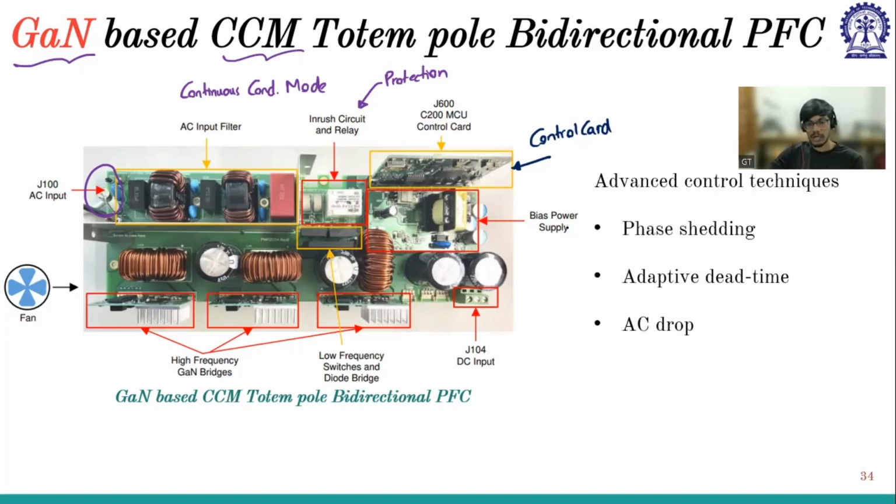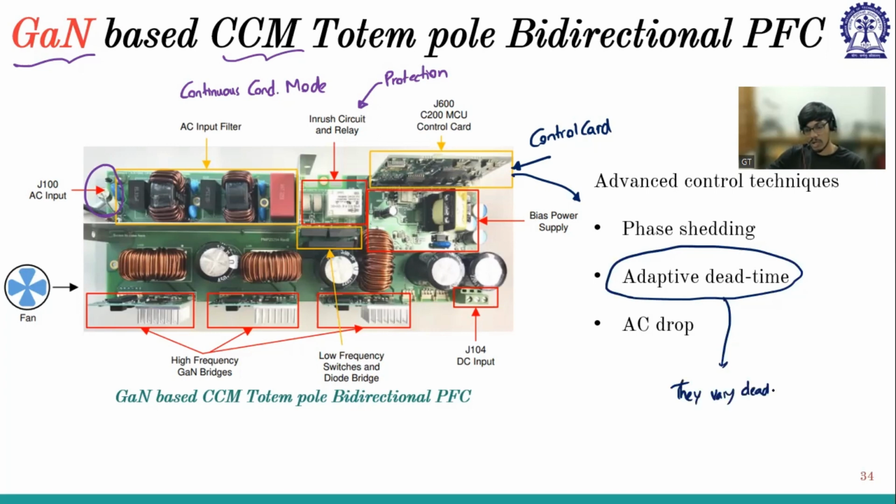This controller card can implement advanced control techniques like phase shedding, adaptive deadtime, and AC drop. Adaptive deadtime means they vary the deadtime according to the load current or other operating conditions, so that it is efficient. Maybe for some particular operation that time should be more or less.